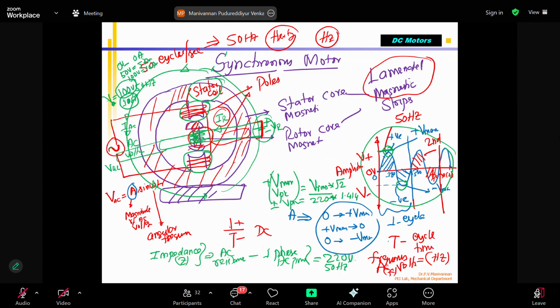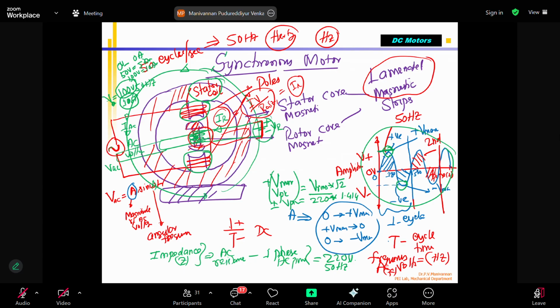For the stator, we supply 3-phase or single-phase AC voltage, and the AC voltage induces a voltage in the rotor coil. Since the rotor coil ends are short circuited, current flows. IR equals the induced voltage divided by the rotor resistance or rotor impedance. Because of that, a current flows, which is called IR.